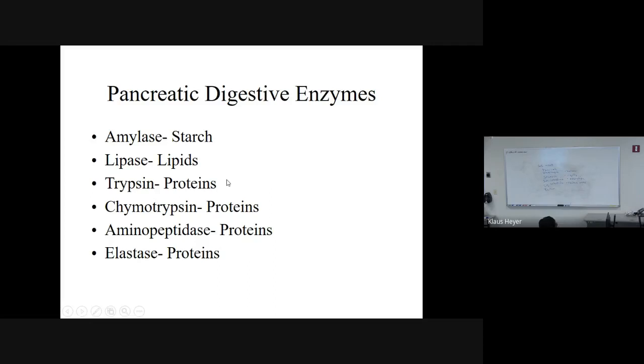Or I could say, list the enzymes that deal with carbohydrates. So which one of these on this list is carbohydrate? Obviously, it's not proteins, so starches are carbohydrate.